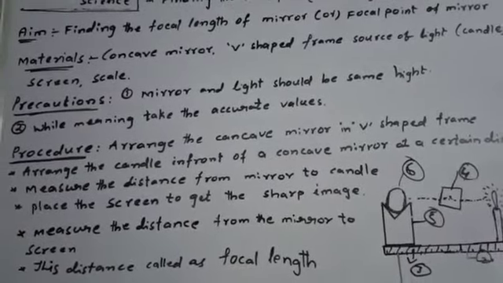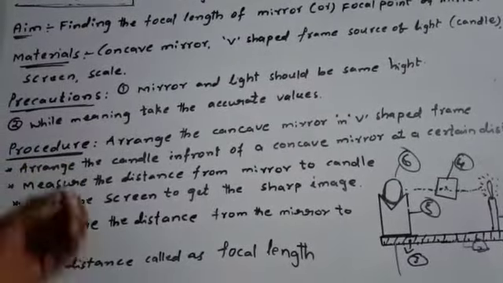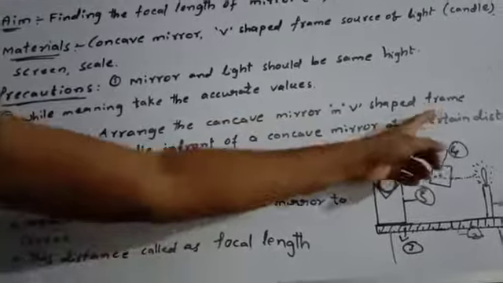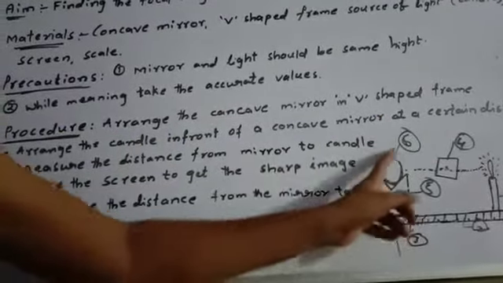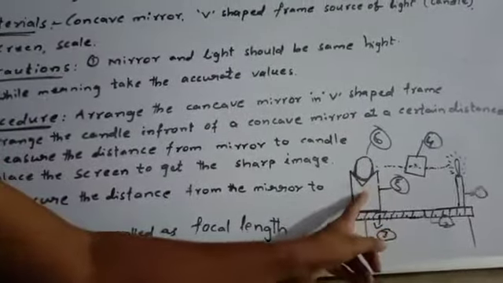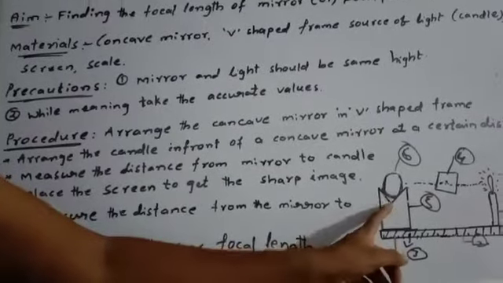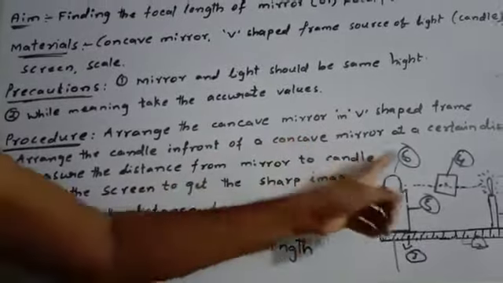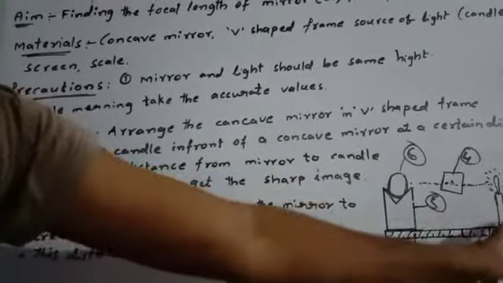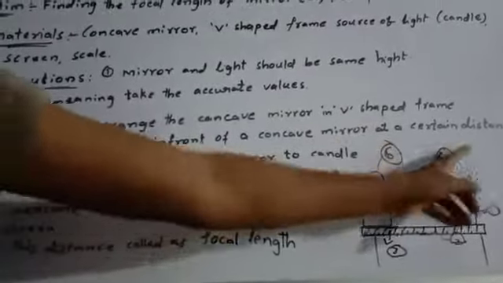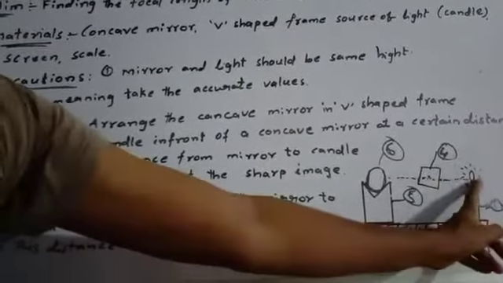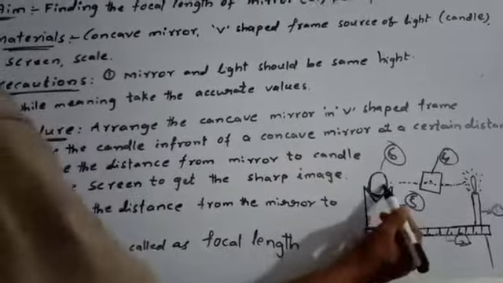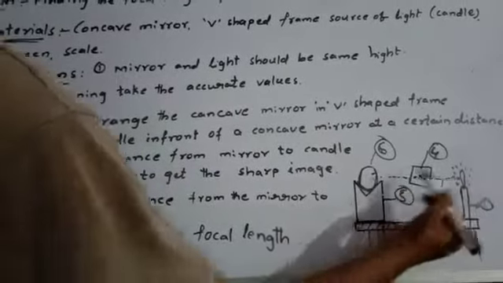Once again, very important: arrange the concave mirror in the V-shaped frame. Then arrange the candle in front of the concave mirror at a certain distance. Measure the distance from mirror to candle, from here to here.